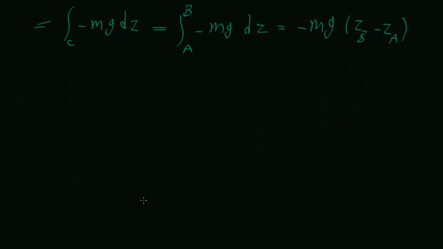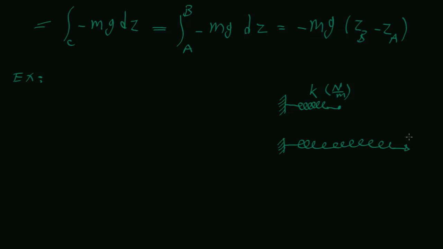So let's solve another example. Here we have a spring. Let's say we have an unstretched spring with a constant k, in Newton per meter, and we are pulling this spring to stretch it by x.